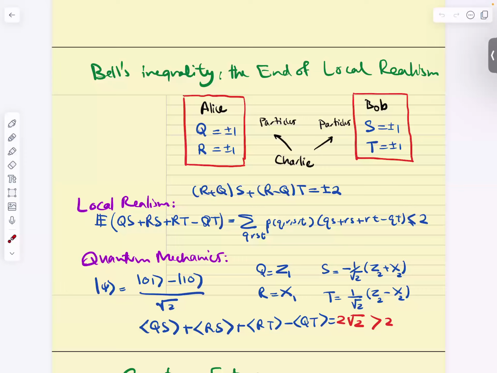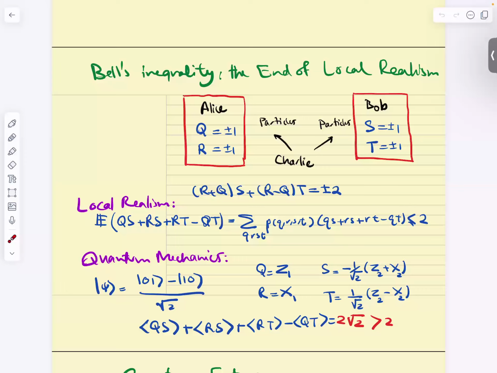Similarly for Bob. Then we said local realism tells you that if the values of these measurements are predetermined, there must exist a probability for each configuration. We call that P of little q, little r, little s, little t. Then just by basic addition and multiplication, you derive this inequality. All it assumed was that there are predetermined values associated to measurements.